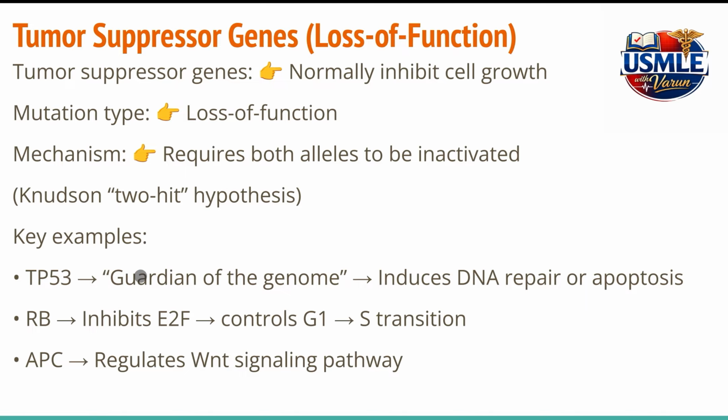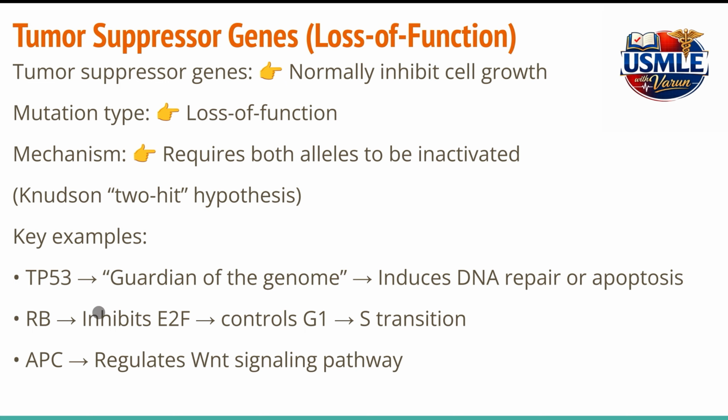For example, TP53, also called the guardian of the genome, monitors DNA damage. If damage is severe, what does TP53 do? It triggers cell death. But when there's a loss of function mutation of TP53, there is inhibited cell death, inhibited apoptosis, which leads to carcinogenesis.